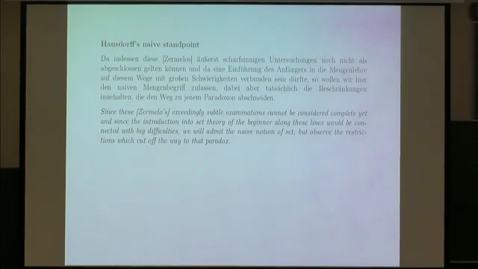geometrical figures. So he says, since these, and he is thinking there of Zermelo's axiomatic approaches, exceedingly subtle examinations cannot be considered complete yet, and since the introduction into set theory of the beginner along these lines would be connected with big difficulties, we will admit the naive notion of set, but observe the restrictions which cut off the way to that paradox, meaning the Russell contradiction.